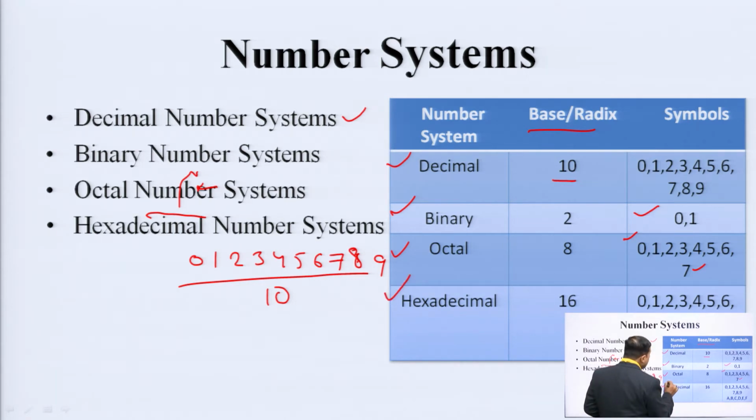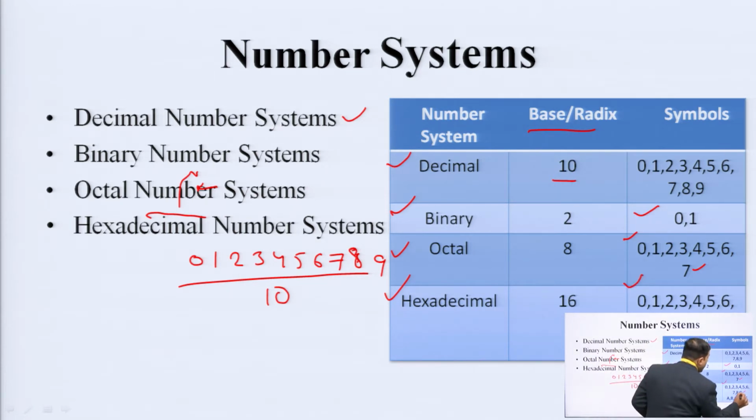Then last but not the least, the hexadecimal number system. A total of 16 symbols are offered by the hexadecimal number system, so the base is 16. The symbols are 0 to 9, but no 10 is there. You can see here it is up to 9 only.